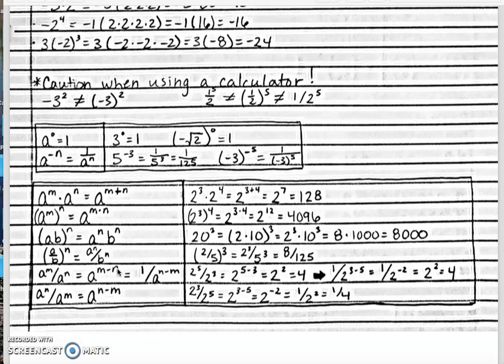This is the same, however, as if I had moved the m down, and it becomes 1 over a to the n minus m. Those are the exact same. So it technically does not matter which exponent you move where, as long as you stay consistent and you follow all the rules.